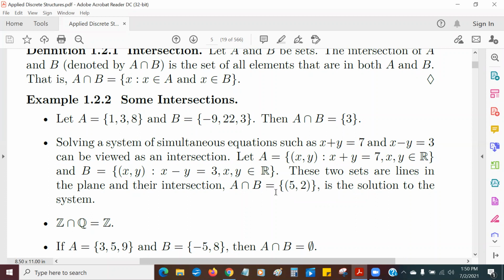But it's really an intersection of two sets, because what we've always thought of as lines in the plane can be thought of as sets of ordered pairs. You see what I'm saying? And now this is the intersection of those two sets. These are things we've seen before. It's just a different way of thinking about it. That's all I'm trying to say.